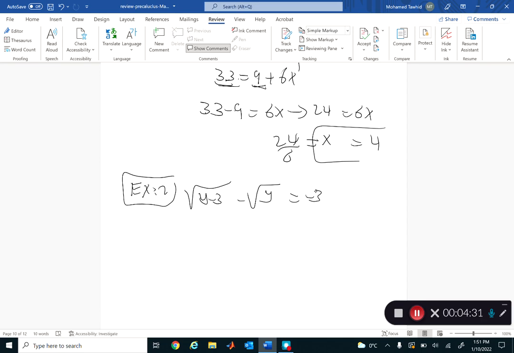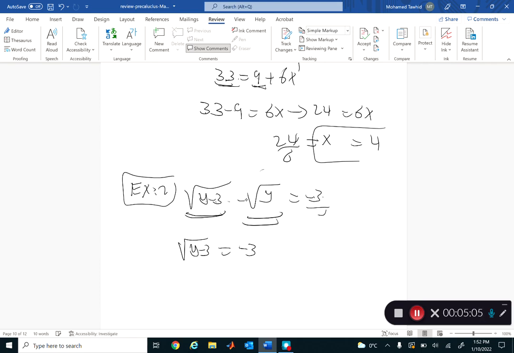This is a radical equation because, as you can see, there is a radical term here and another radical term here, the square root of y minus 3 and the square root of y, equal to a constant. So you don't have one radical term, you have two radical terms. How am I going to solve this? What I mentioned in the previous example: you collect one of the radical terms on one side and collect the other terms on the other side.